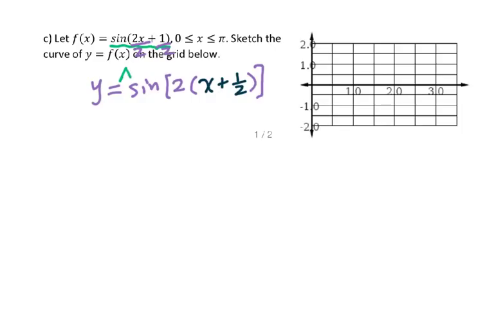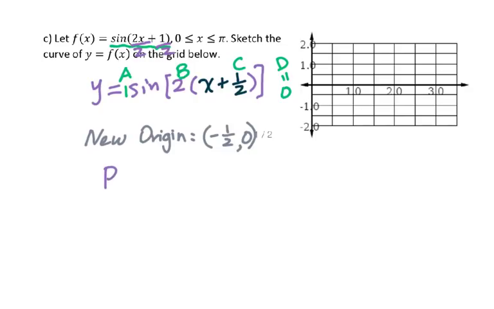We have A, that's 1. B, C, D is equal to 0. So we got a new origin, that will be negative 1 half, 0.